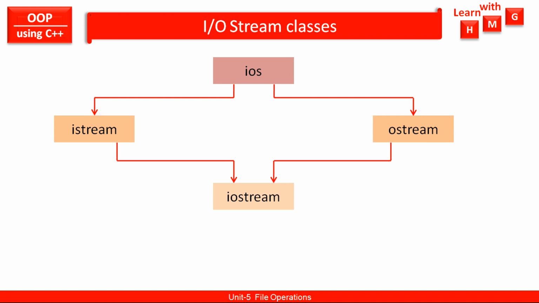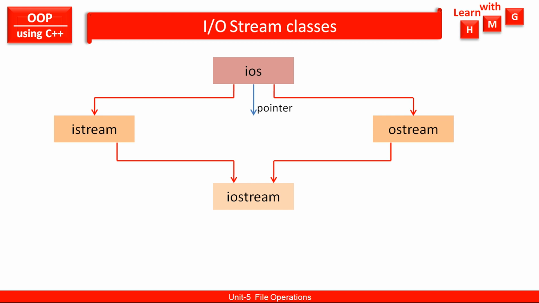So here the upper three classes, that is ios, istream and ostream, form hierarchical inheritance, while the lower three classes, that is istream, ostream and iostream, form multiple inheritance, and all these four combined form hybrid inheritance.